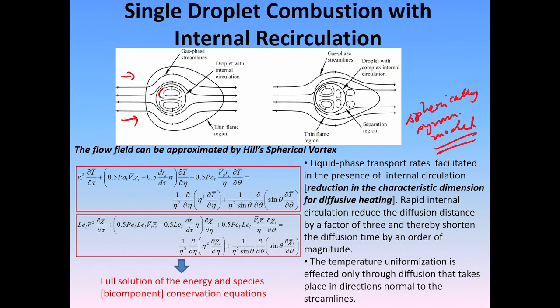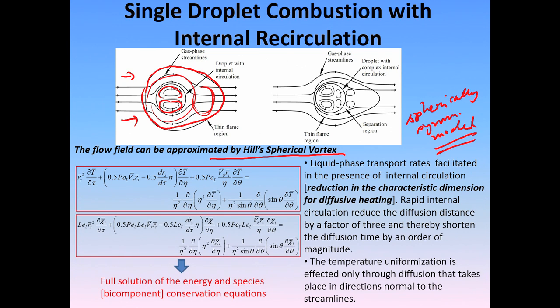There will be that internal flow that will be created within the droplet, which is once again represented by the Hill spherical vortex, and this is the flame front. In addition, you have this egg shaped flame front. So, a lot of the flame actually burns in the wake of the droplet, and there we get a lot of soot and other kinds of features. This is a very thin flame that actually burns, but the velocity that is created within the droplet is basically given by the Hill spherical vortex.